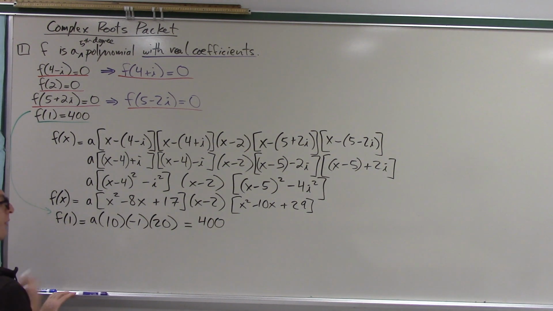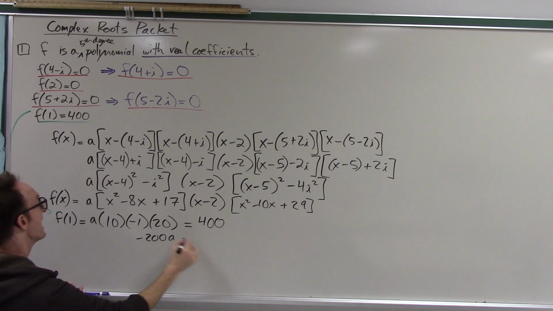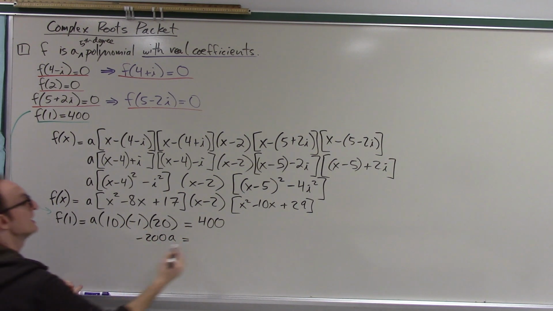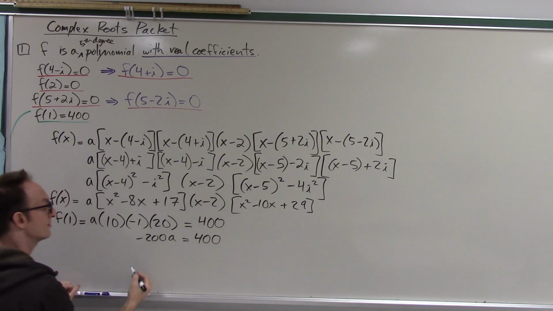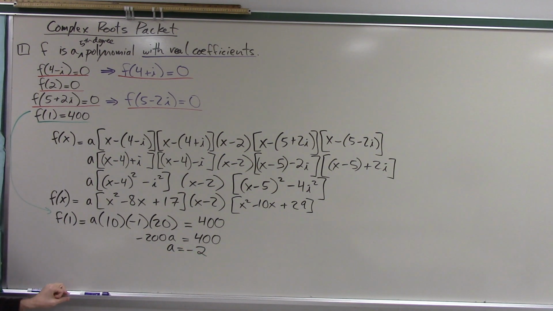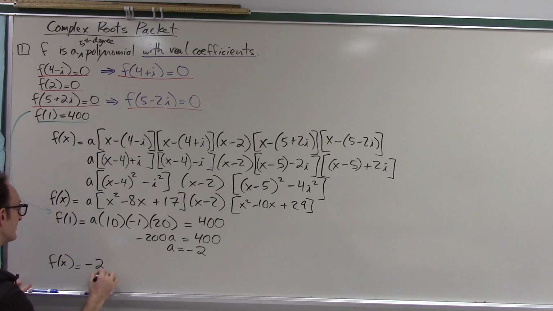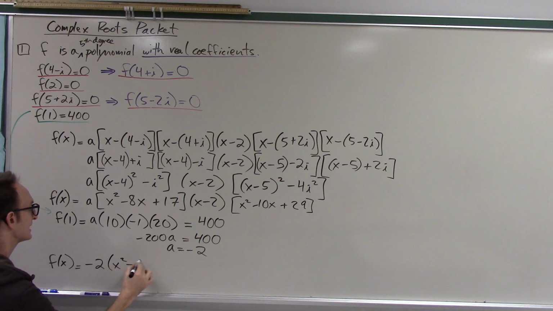So I have this equation to solve now. This equation says negative 200a is 400. And from this, I conclude that a is negative 2. Okay, so the entire point of this problem was to write out the rule for this polynomial, and the answer is this 5th degree polynomial has leading coefficient negative 2, and then personally, if I were you, I would just leave it like this.